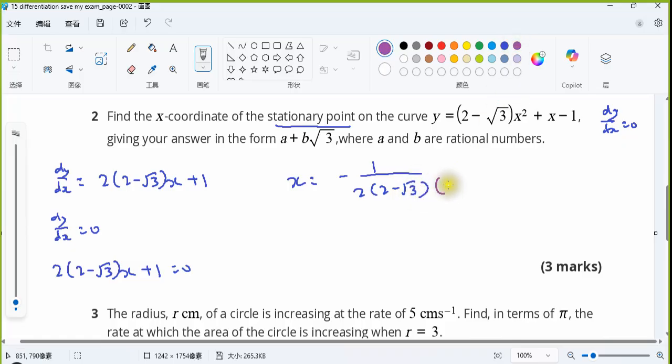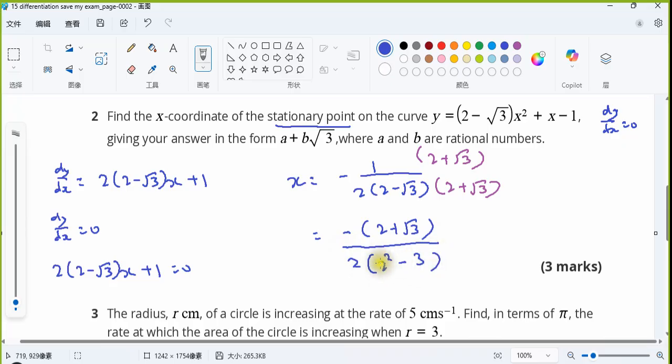Okay, so we multiply with 2 plus square root 3. So we will have negative 2 plus square root 3 over 2 squared minus 3, 4 minus 3, 1.